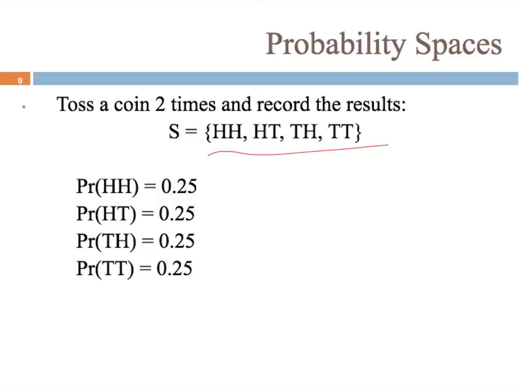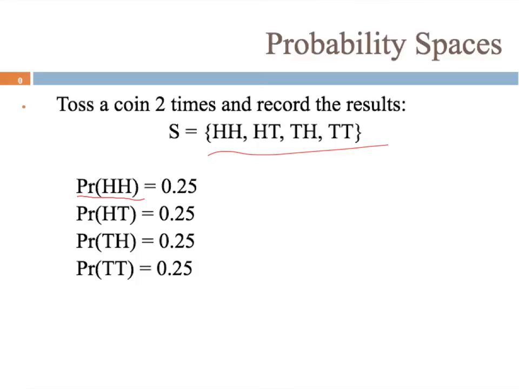And in this case, each event has an equal chance of happening. So for example, the probability assignment for heads, heads, we'd write it as PR, and then in the parentheses write the event itself, and then give the probability. A lot of the time you'll see probability given as a decimal instead of a percentage.